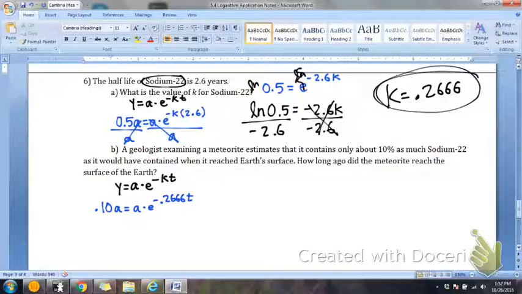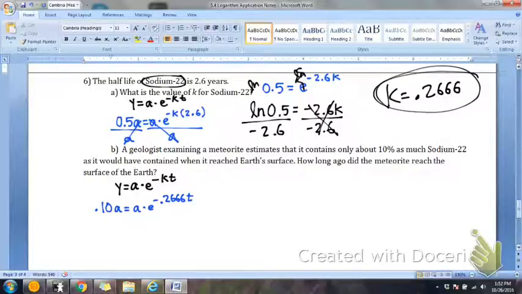We have 10% left. So if I have 10% left, that's going to go on my y, 0.10a. Keep going, Josh. Finish out. All right, we had 10% left. We need the k value from up above.